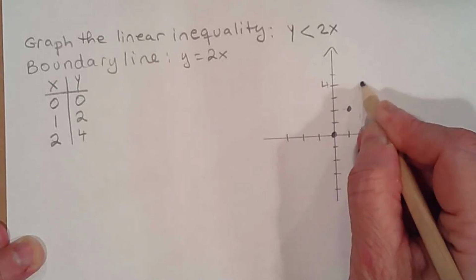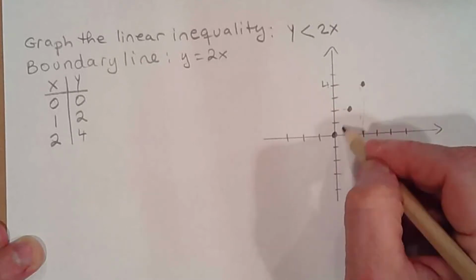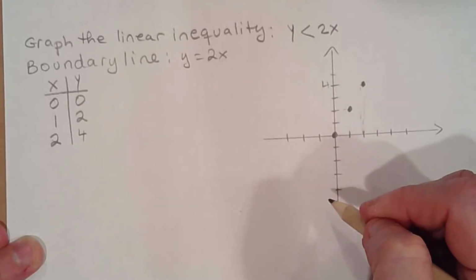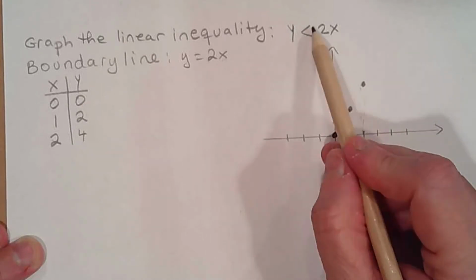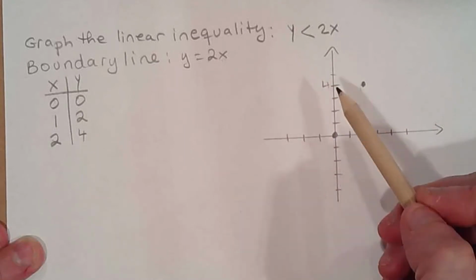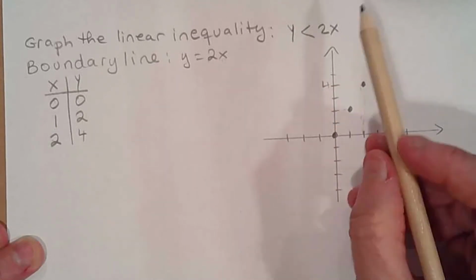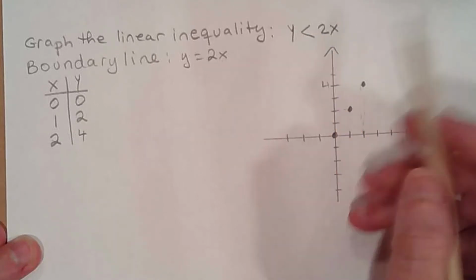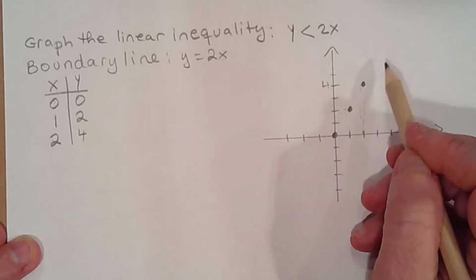Here's the third point. Okay, so these are the points on the boundary line. Now we need to ask ourselves, is the boundary line itself included? Since I have less than, the boundary itself is not included in the solution.